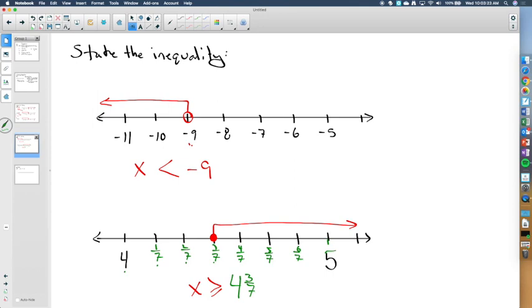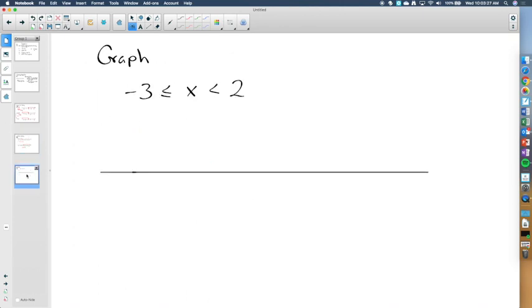Well, I've got two boundary points now. I've got a boundary point at -3, and I've got a boundary point at +2. So I need to make sure both things are included. So I'll start over here with 2, and then 1, and then 0, and -1, and -2, -3, -4, -5.